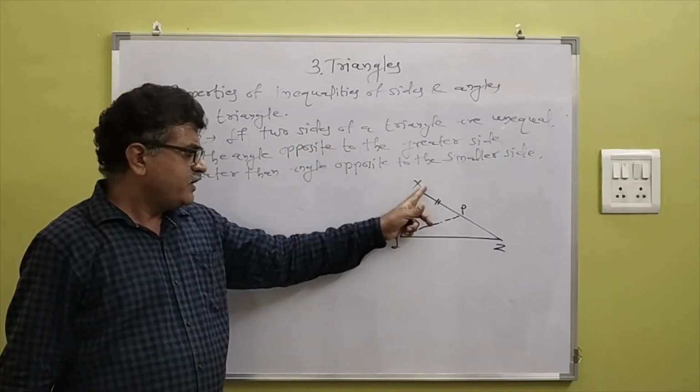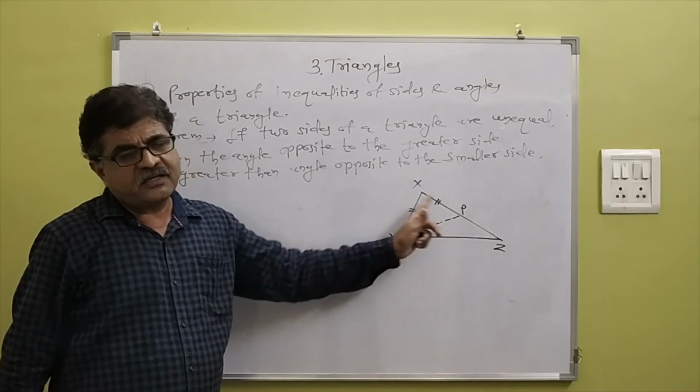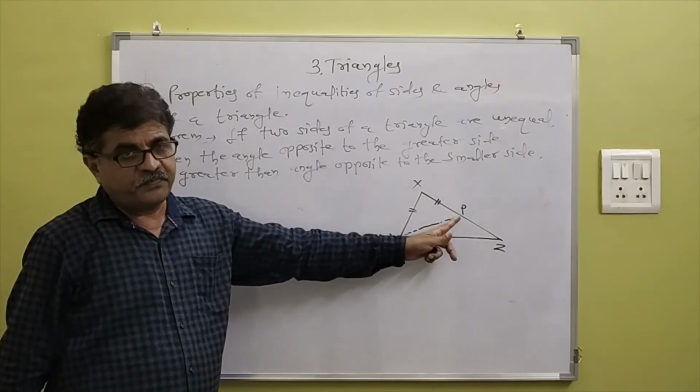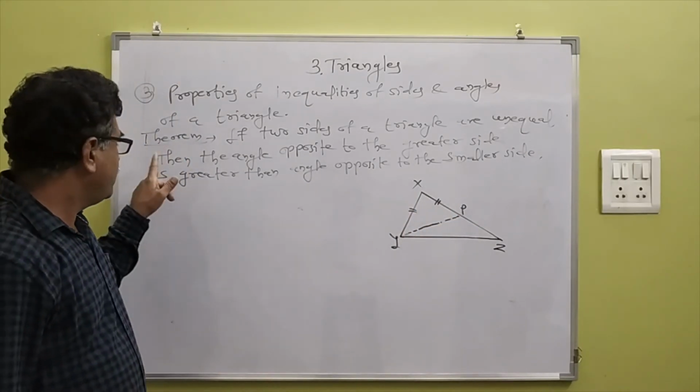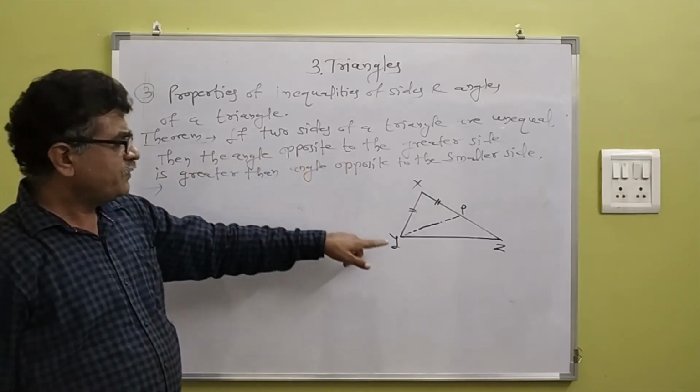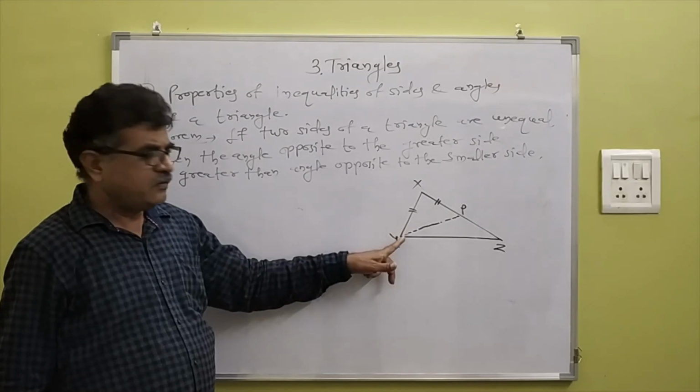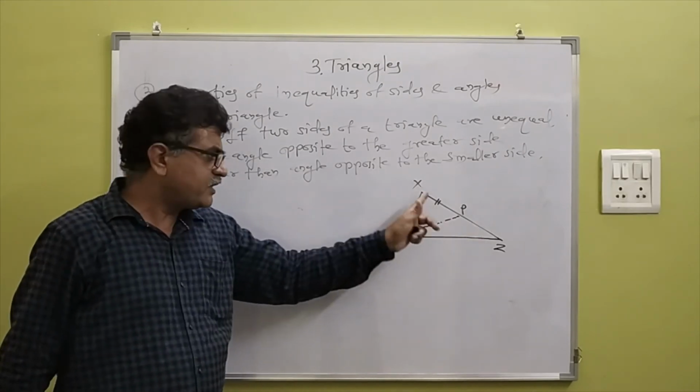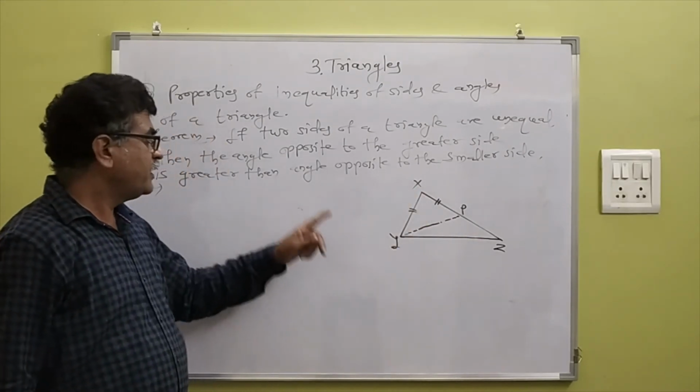Now here, XY and XZ, these two are unequal. That is, they are not equal. Then the angle opposite to the greater side. Now which side is greater? XZ is greater than XY.